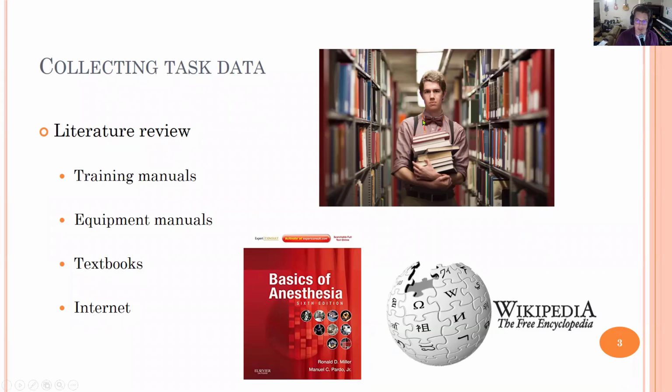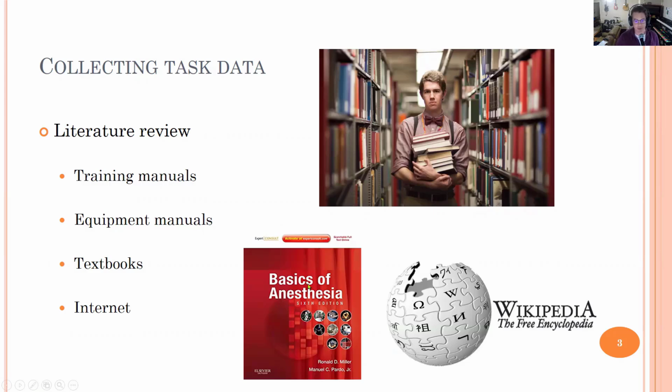So, one of the most obvious, easiest access, especially for students, is a review of what has been done before, related to a certain problem or a certain way that tasks are performed. So literature review is always a part of any research endeavor.